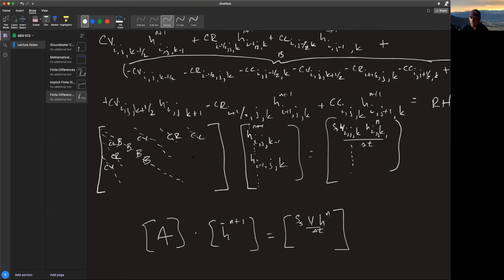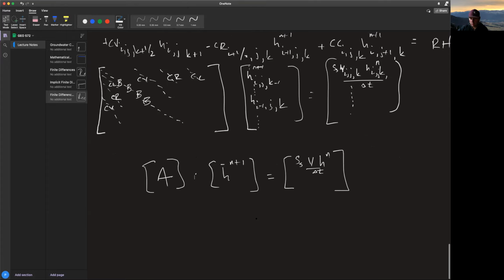It's done the exact same thing that you have already done with our simpler system. It has done a lot more bookkeeping. It's created a more complicated matrix, but it creates the same set of matrix equations, and then it uses a solver to solve for h n plus 1 equal to A inverse times this RHS.